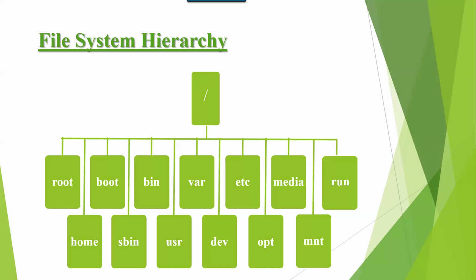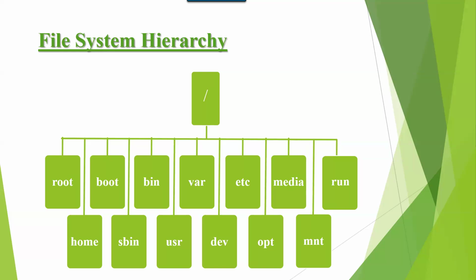In Windows we have the C drive, here we have forward slash. C is a primary partition in Windows; similarly, forward slash is primary in Linux. I'm repeating again: forward slash is a parent directory or top level directory in Linux, and it is similar to C in Windows.